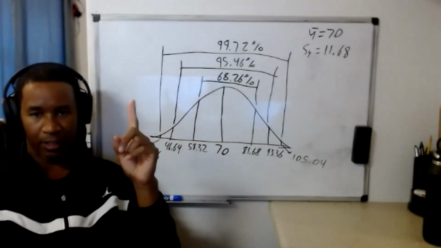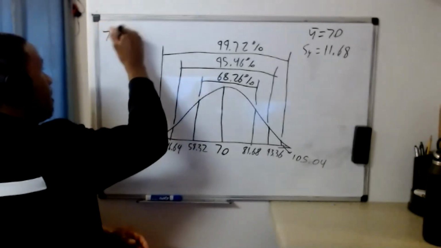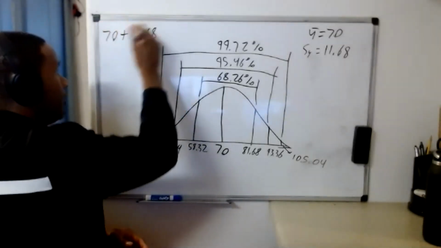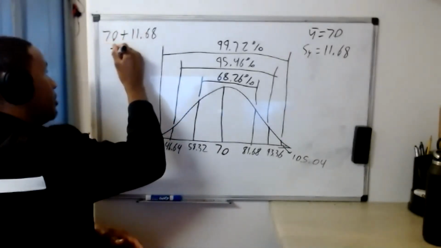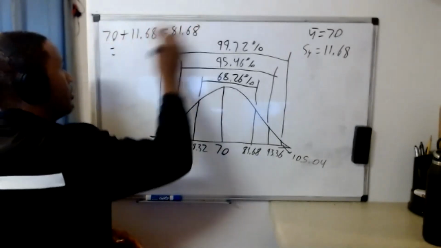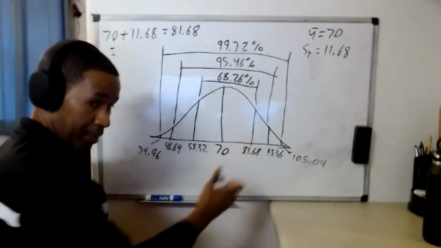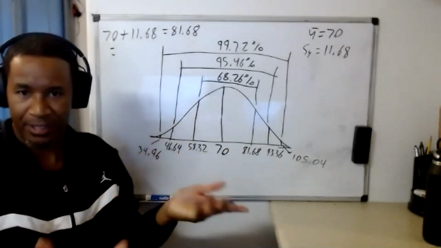Because if you take one standard deviation, which is 11.68, you add it to the mean of 70. 70 plus 11.68 gives me 81.68. So 81.68 is one standard deviation above the mean. Now, the exact opposite, right?